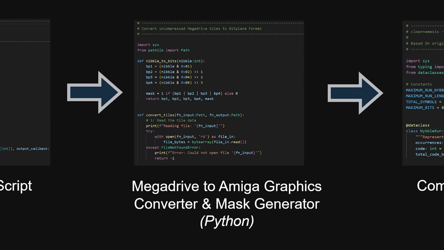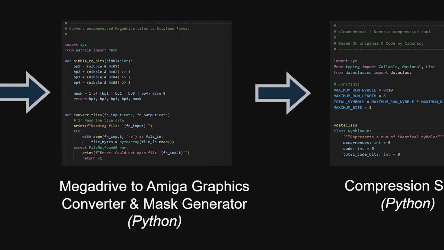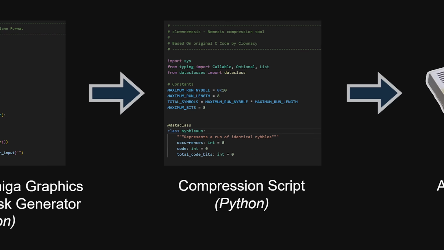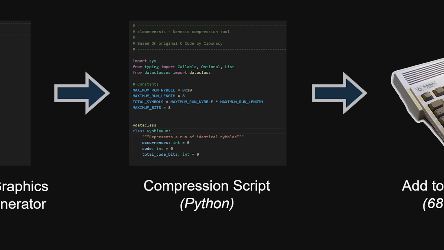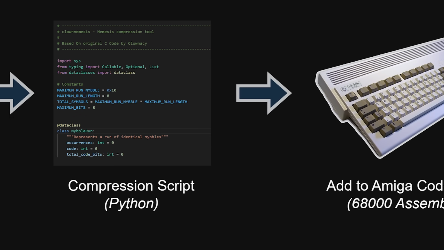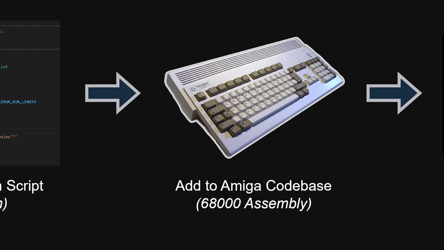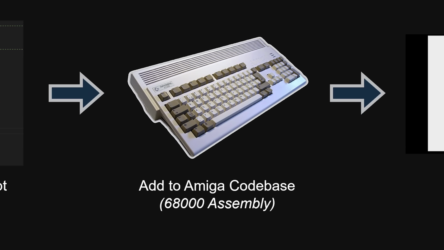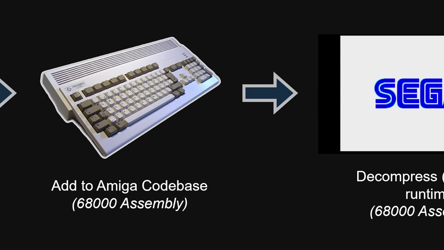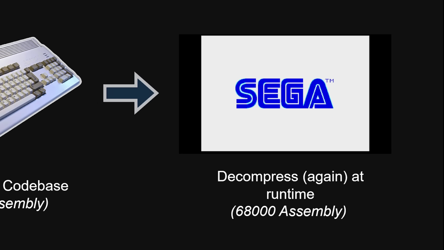As such, as part of our Python toolchain, we need the ability to uncompress the data, convert it to an Amiga-friendly format, and finally, recompress the data. Thankfully, the Sonic community have reverse engineered these algorithms, which meant all I had to do was port the existing C++ code to Python so that it would seamlessly slot into my tooling pipeline.